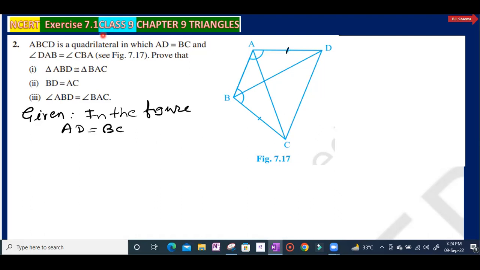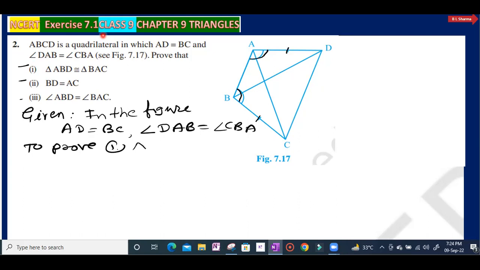This AD is equal to this BC, number 1. Also given angle DAB is equal to angle CBA. And to prove, it is already written here. First part, second part, and third part. You write this. To prove: first, triangle ABD is congruent to triangle BAC.